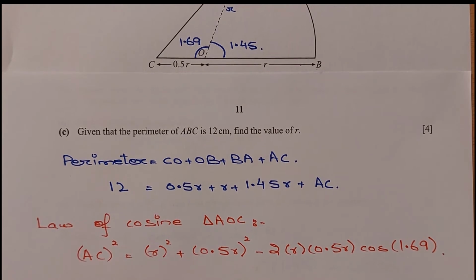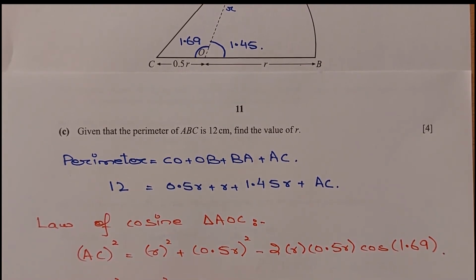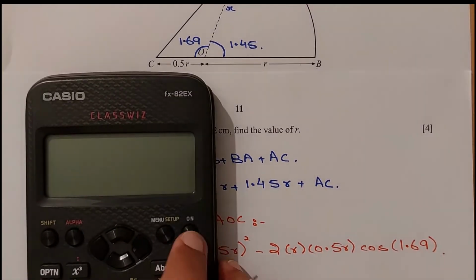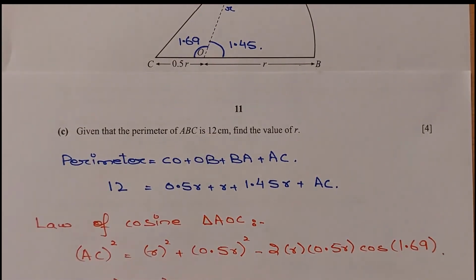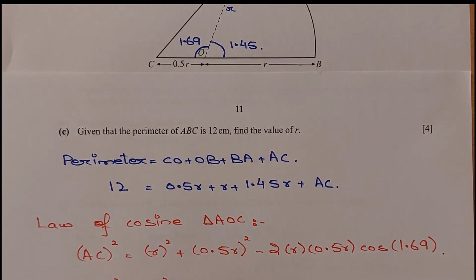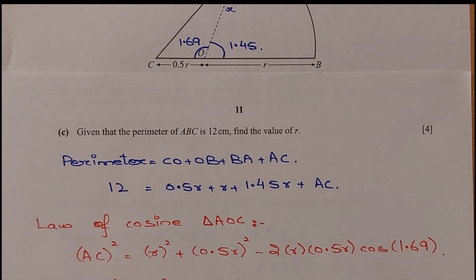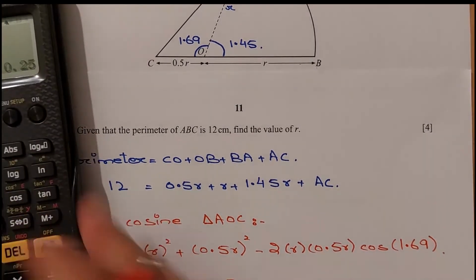So AC whole squared is equal to R squared plus 0.5 squared is 0.25 R squared, minus, let me simplify this, R squared, sorry.